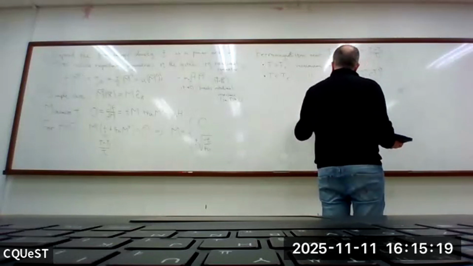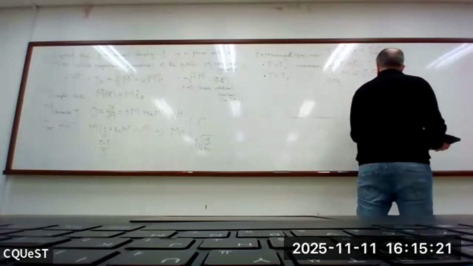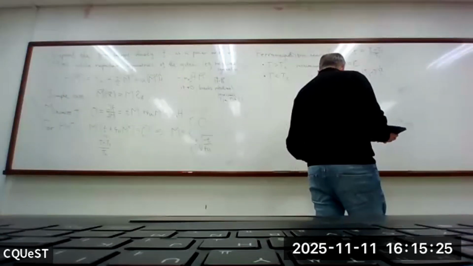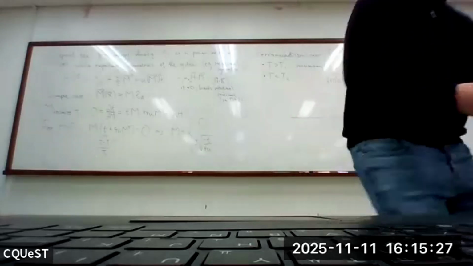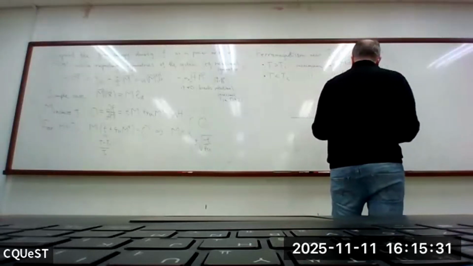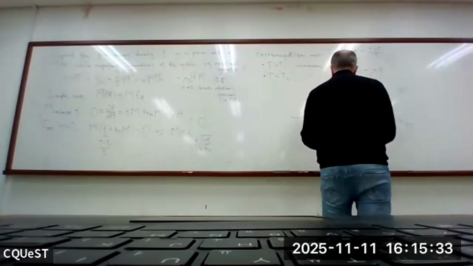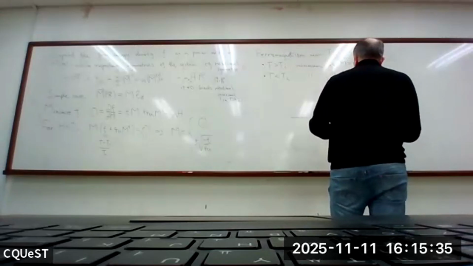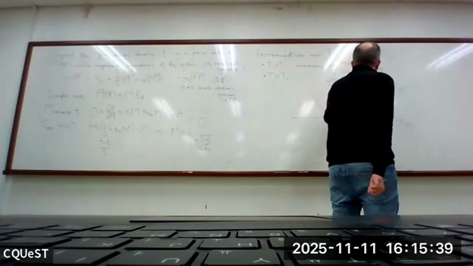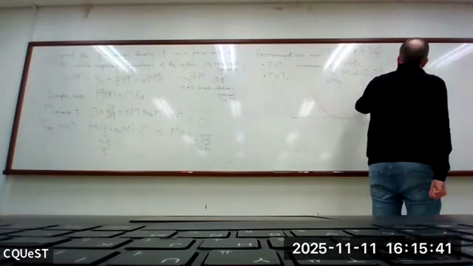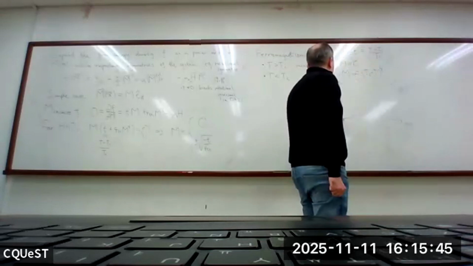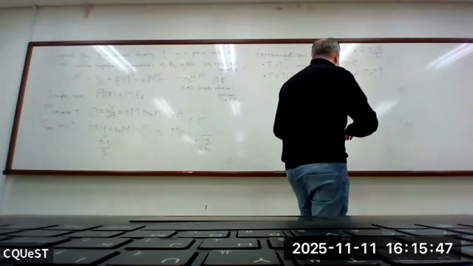So basically, f of m as a function of m looks something like this. If we consider first T greater than Tc, we have only this one minimum here.